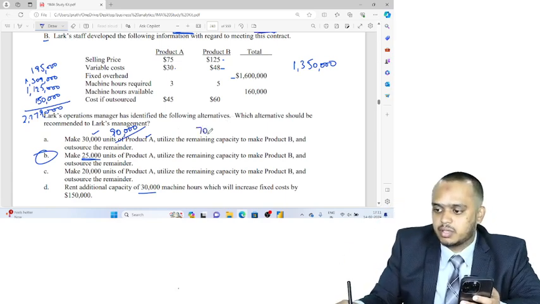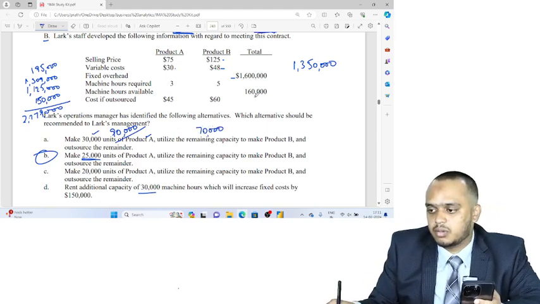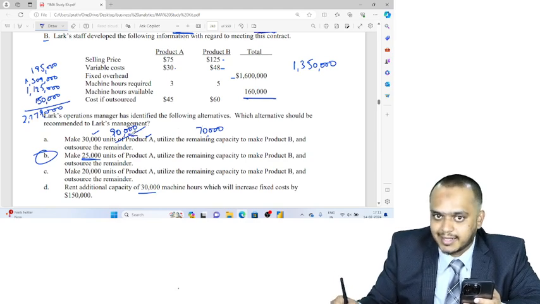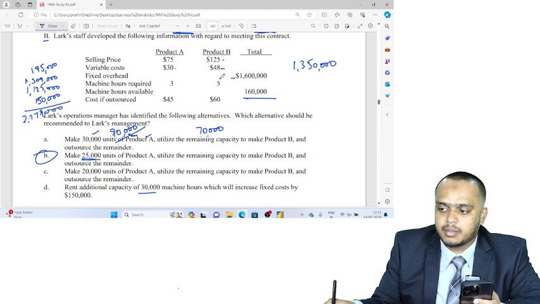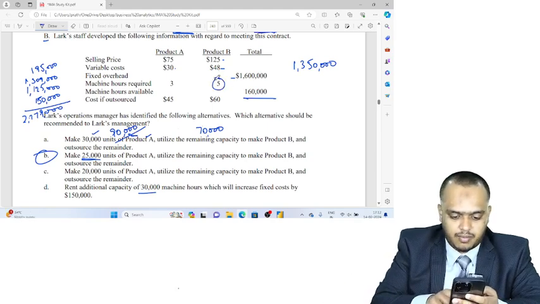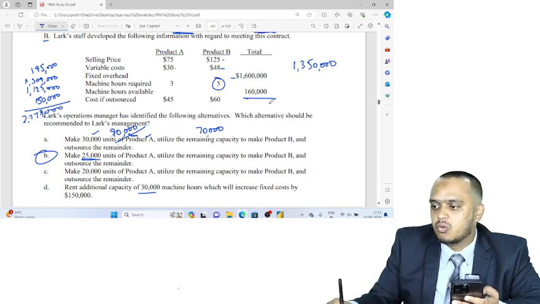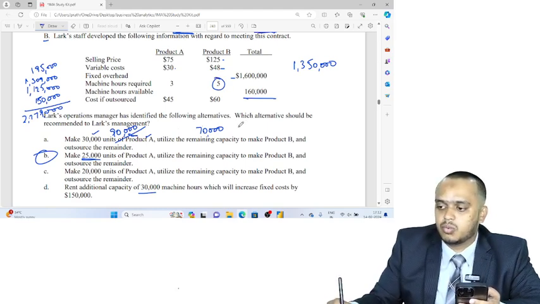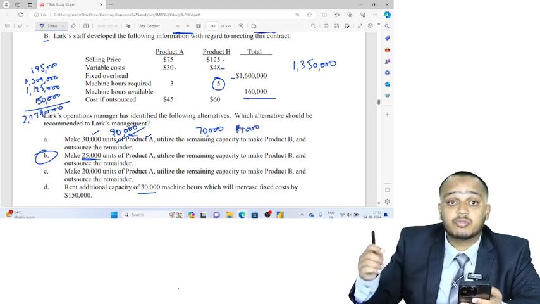I have 70,000 hours remaining out of this 160,000, 90,000 went here. How many can I produce out of 5? So 70,000 divided by 5 is equal to 14,000. Okay, 14,000 units I can produce by myself, and the remainder I have to outsource.